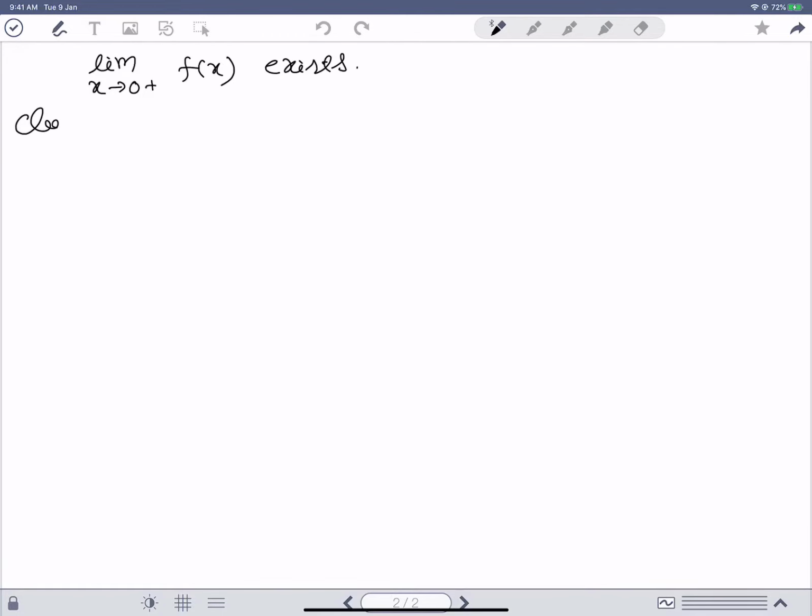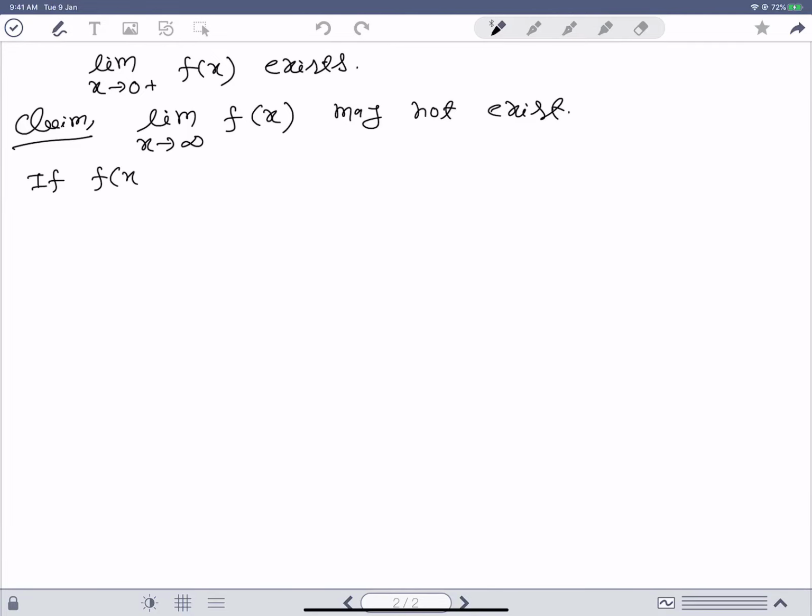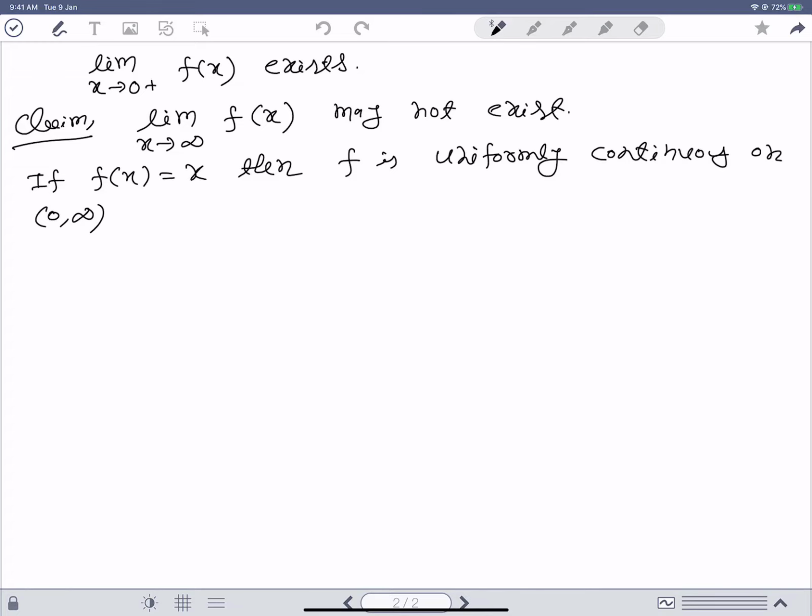Now we claim that the limit as x tends to infinity of f(x) may not exist. So note that if we take f(x) equal to x, then f is uniformly continuous on the open interval (0, infinity), right?